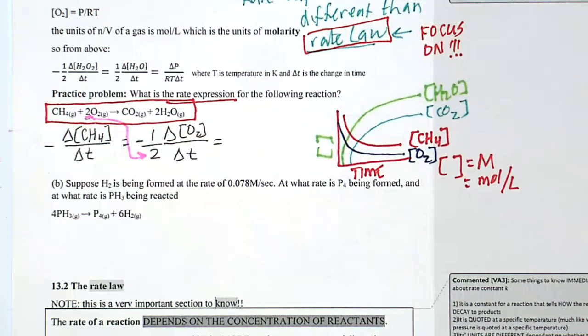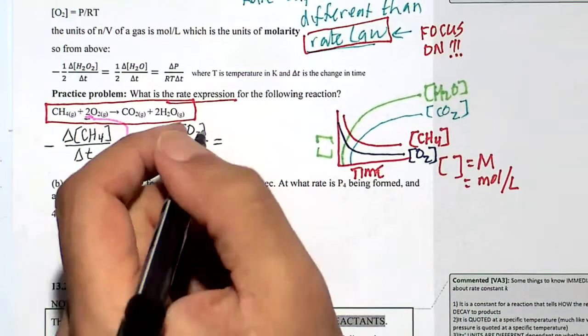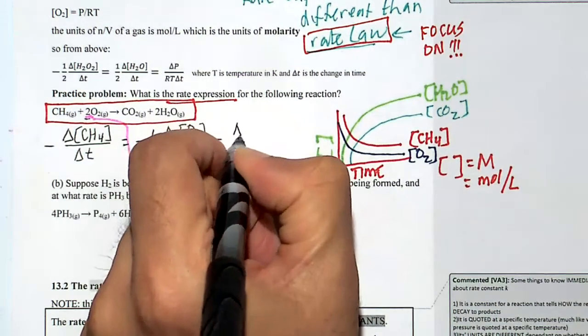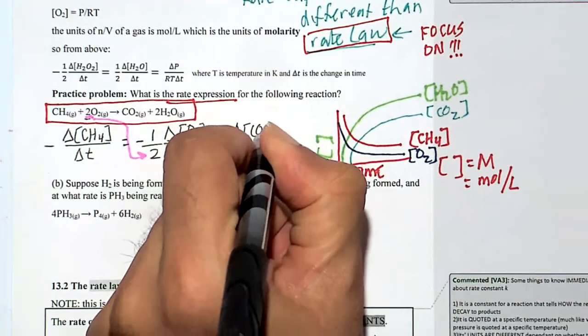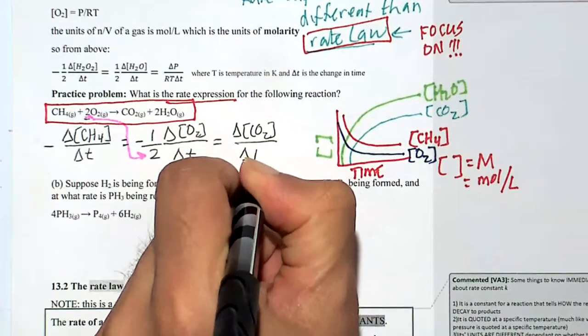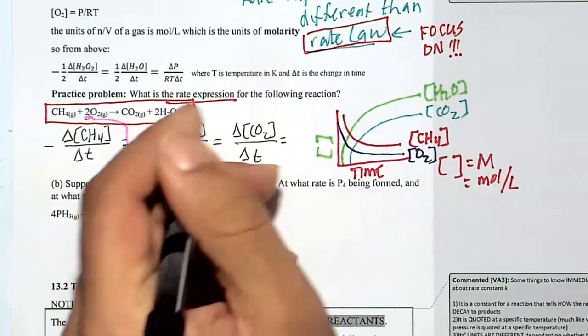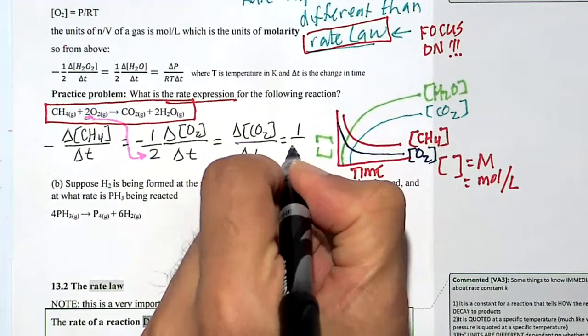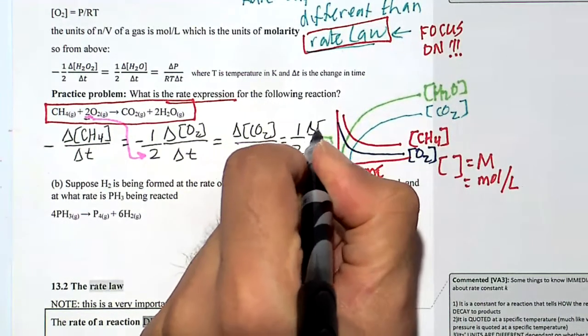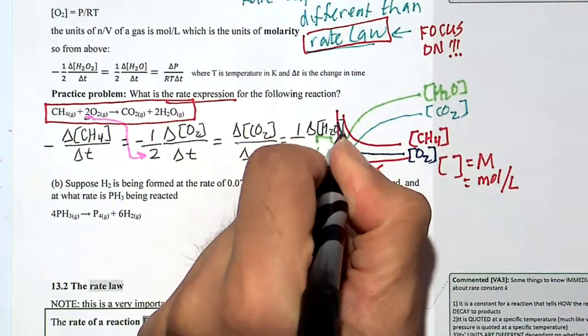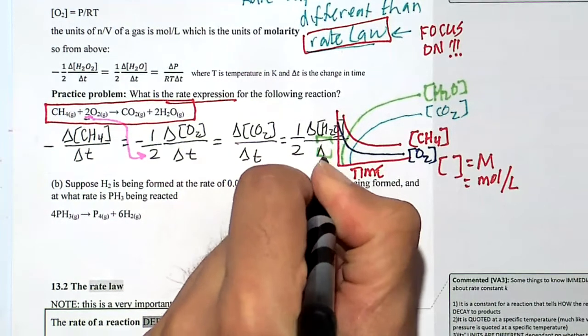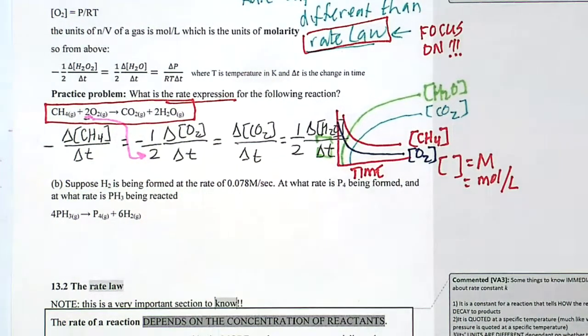The products are going up, so it's going to be a change in the concentration of CO2 over time equals, I'm running out of space here, positive 1/2 change in H2O over time. So this is rate expression.